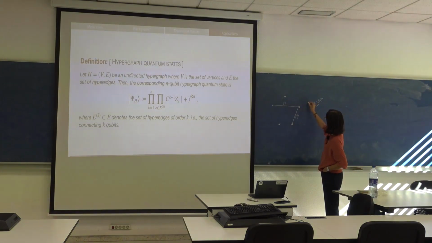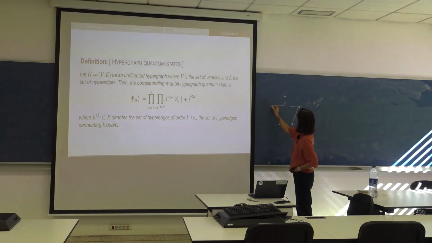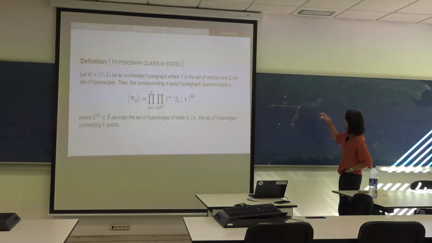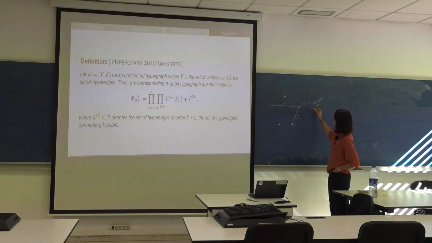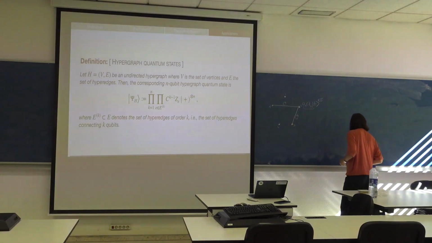So you would apply a control Z gate, say, on 2 and 3, and on 2 and 5, right? And you can create states by applying these kind of gates. You can do a 2-qubit interaction, but you can also do a 3-qubit interaction.